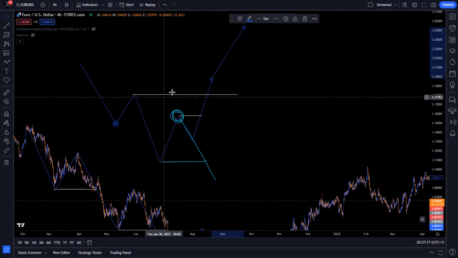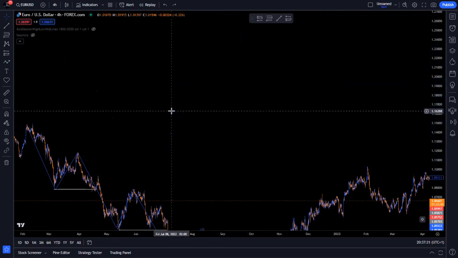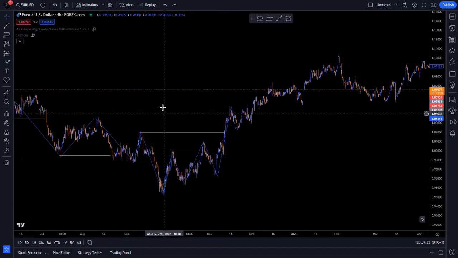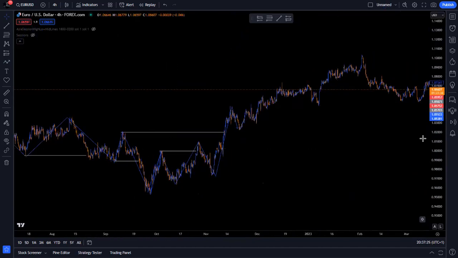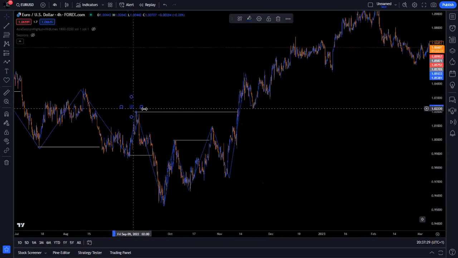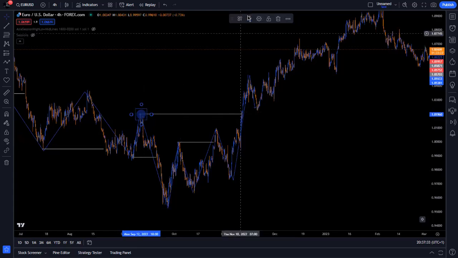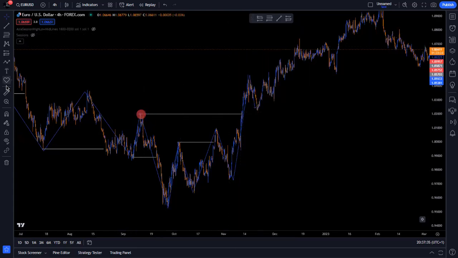Does that make sense? Now, with all these things explained, let me highlight them first, so it's going to be easy for you guys to answer. Let's say this would be the red dot, and then another dot would be the blue dot.